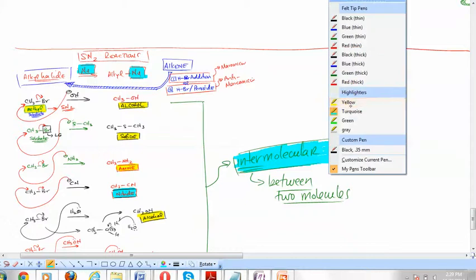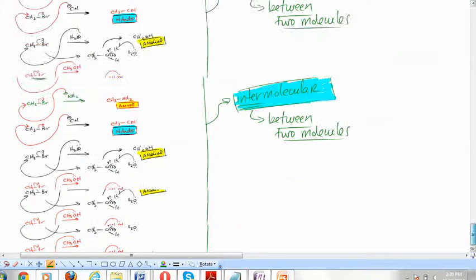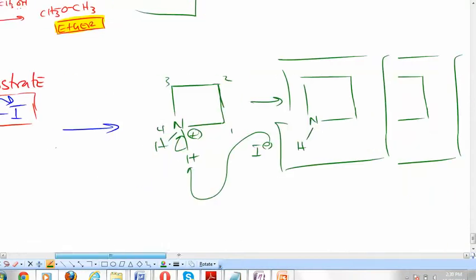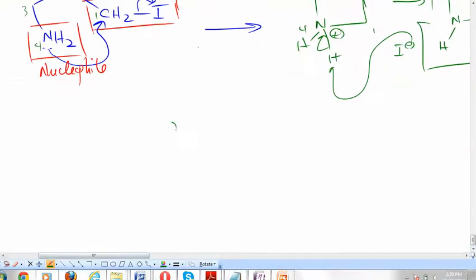Okay. So we want to just kind of exhaust the SN2 reactions. When we look at the SN2 reaction, there are different aspects of the reaction that we have to consider.